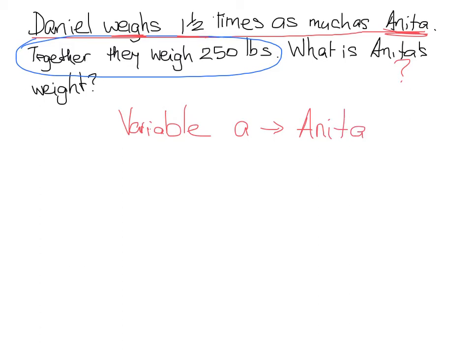All right, so now that we know that the variable is A for Anita, we can figure out what Daniel's weight is by describing it with Anita's weight.